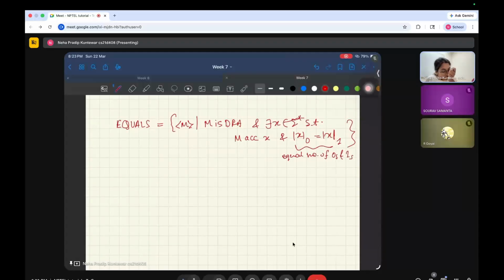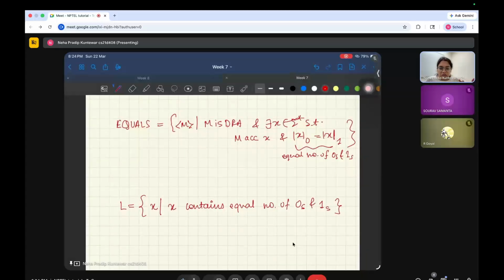Now we know the following language L, which is the set of all x such that x contains an equal number of zeros and ones.